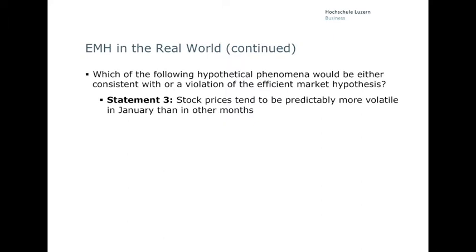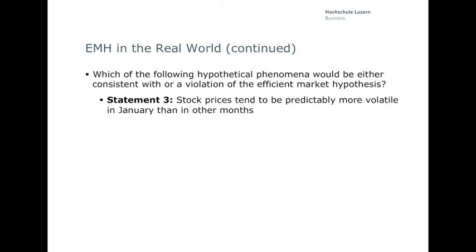Let's continue on the discussion of the previous slide. Statement 3. Stock prices tend to be more volatile in January than in other months. This statement is consistent with the efficient market hypothesis. In contrast to predictable returns, predictable volatility does not convey a means to earn abnormal returns.